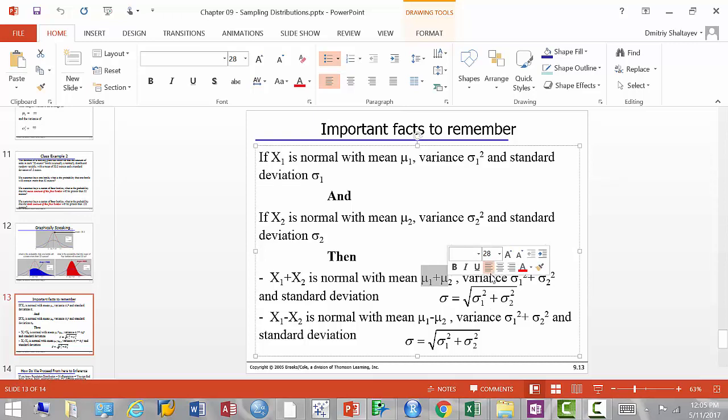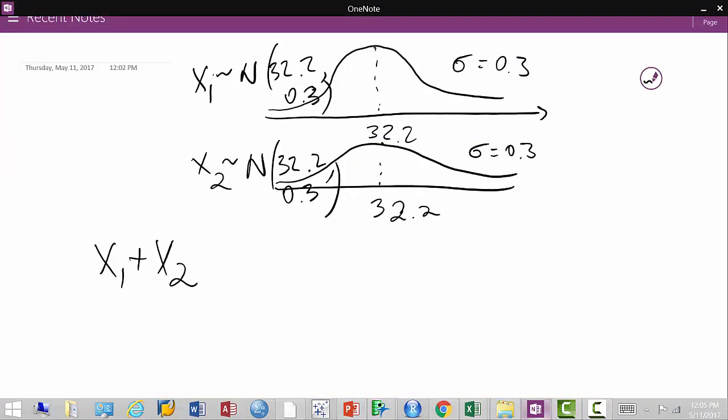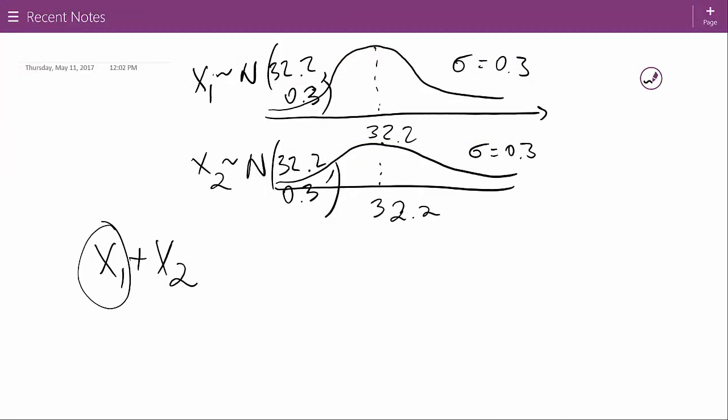All right, so let's go back to our example. First bottle comes from the normal distribution, and second bottle comes from the normal distribution. So their sum is supposed to come from the normal distribution, because normal plus normal gives you a normal distribution, right? What about the mean? Means are going to add together, according to our rule.